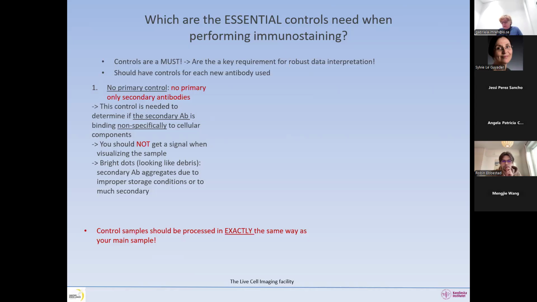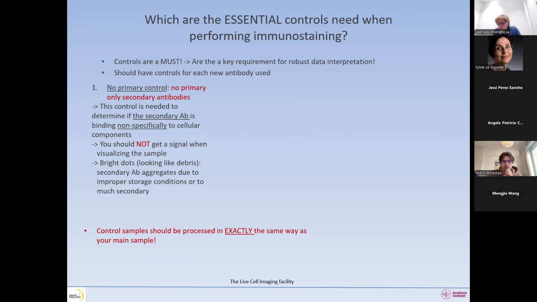But if you get a signal, let's say, for example, bright dots on your sample or outside, which look like debris, that actually can come from secondary antibody aggregates, which form because you didn't handle your antibody correctly, or your storage was not proper.